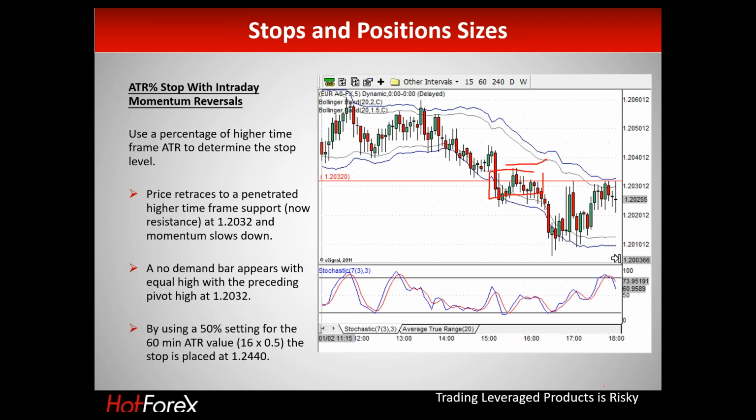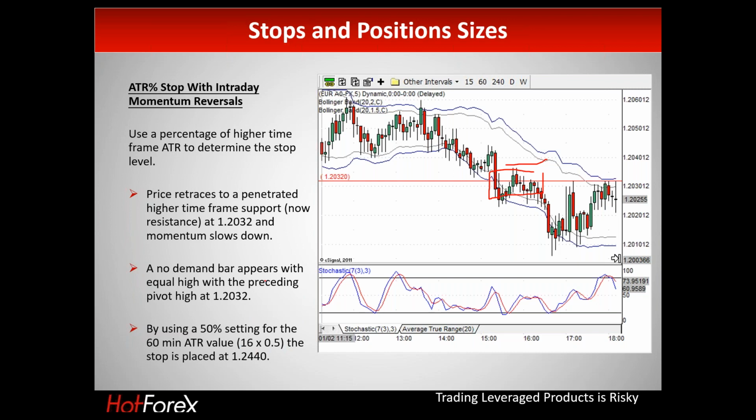If you miss this opportunity, however, let's assume that the ATR in the 1 hour chart shows us 16 pips movement average in the 1 hour chart. So you can either use the full of it or the half of it. If you're gonna trade on a 5-minute chart, you can use 20% of it or 50% of it to set your stop loss.